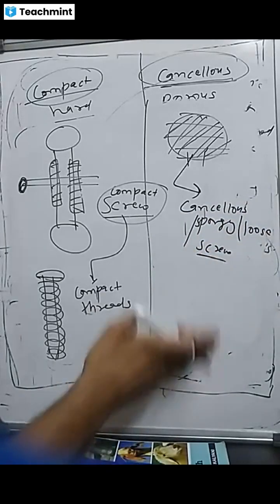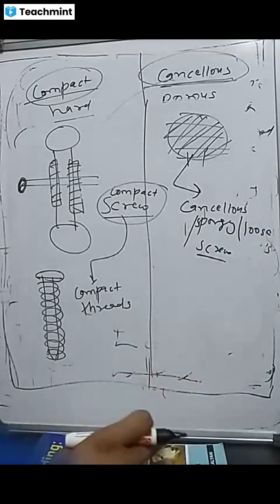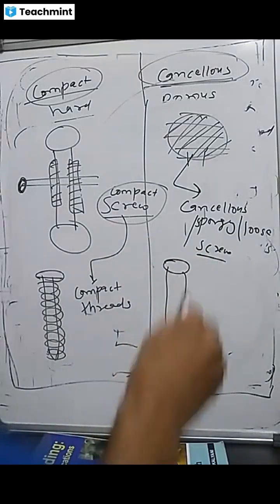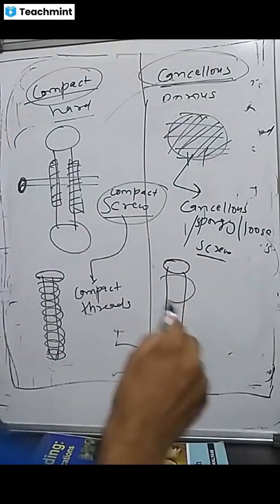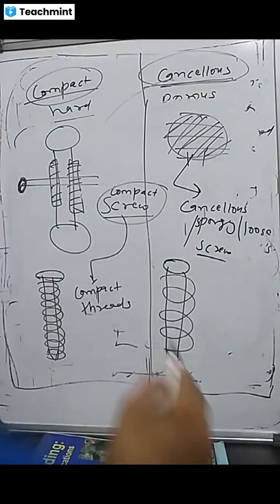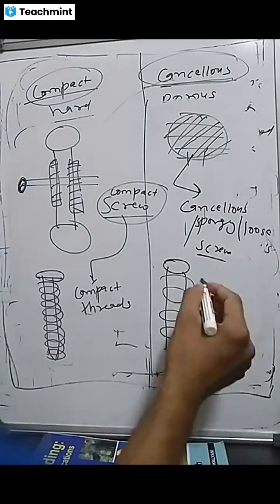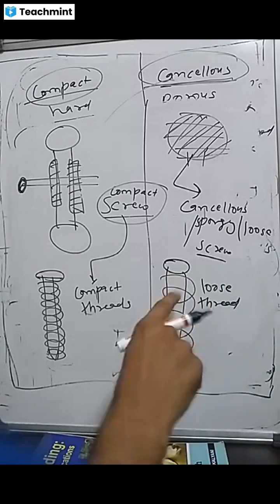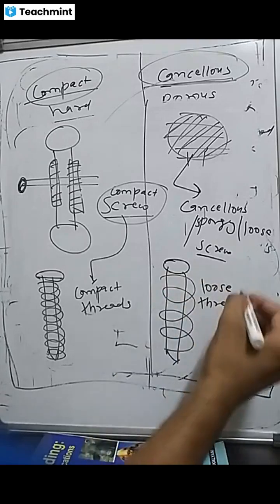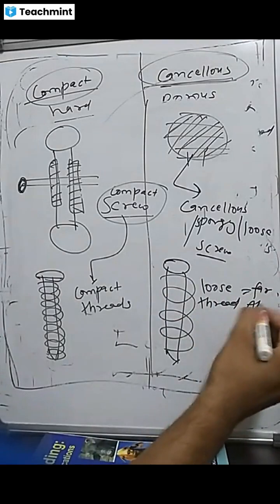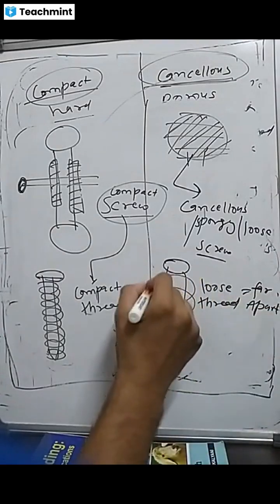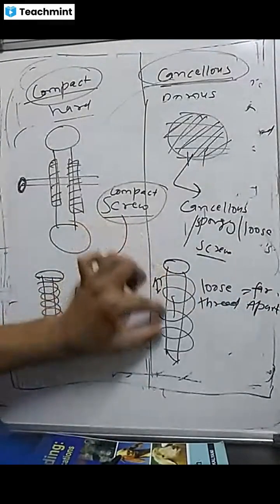Bone is loose, bone is cancellous, so use a cancellous screw. What does it mean? These threads should be loose, far apart. There is a gap; the distance between these threads is more.